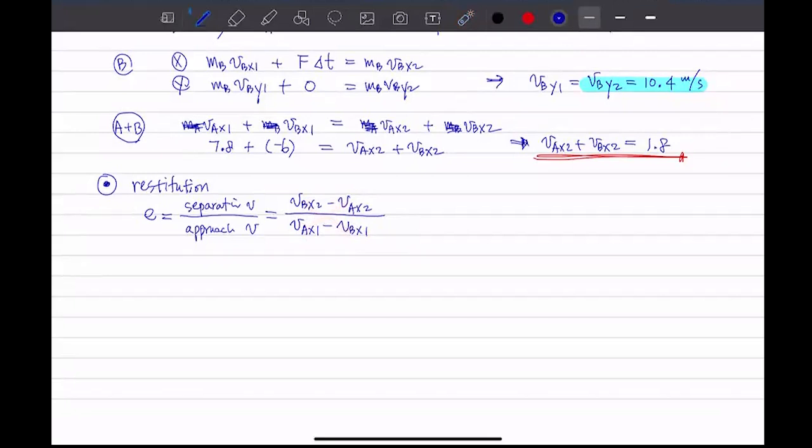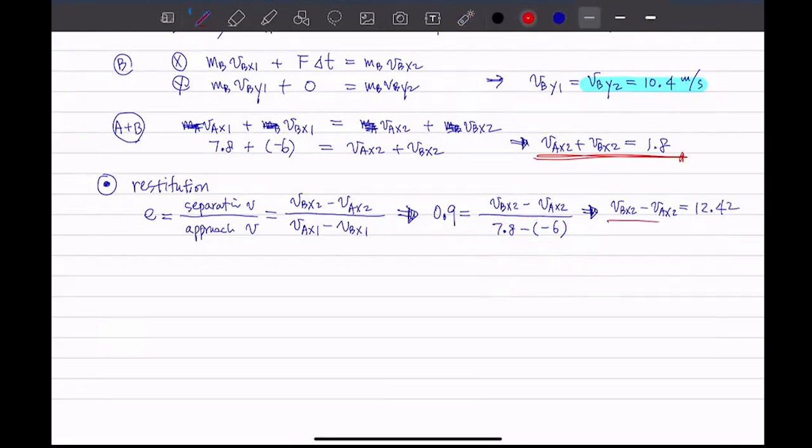Okay, so it's going to be 0.9, and that's vB,x2 minus vA,x2 over vA,x1, which was 7.8, minus vB,x1, which was -6. So from here, we get another equation, which is vB,x2 minus vA,x2 equals, we just do this and move it to the left, then that is going to be 12.42.